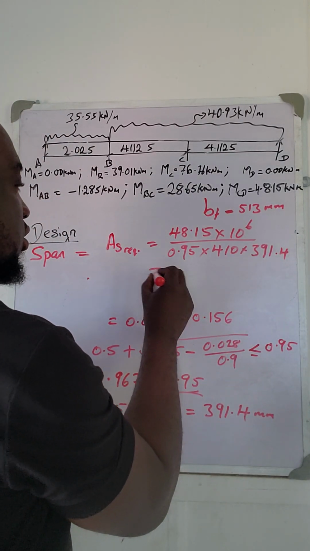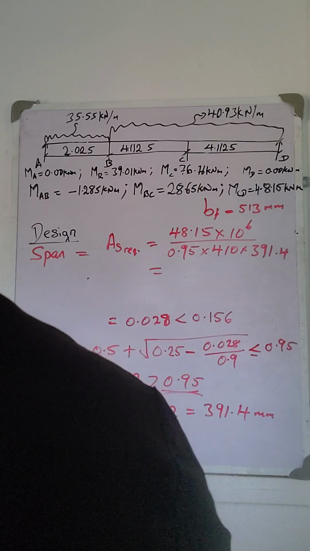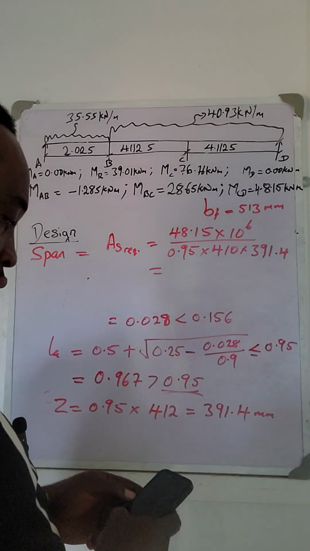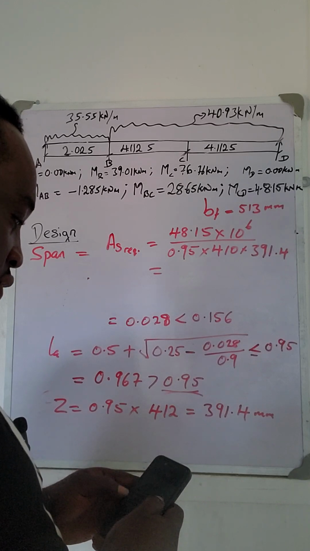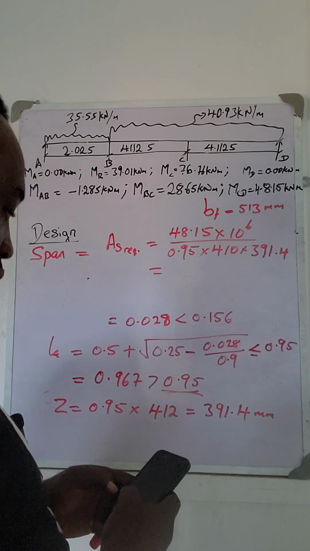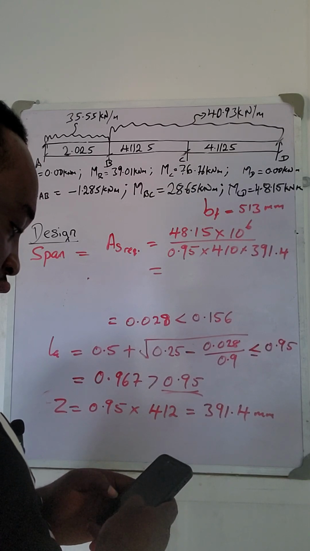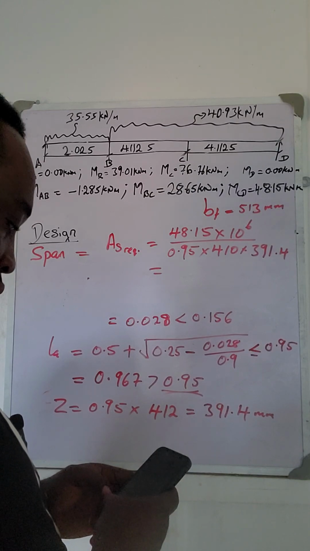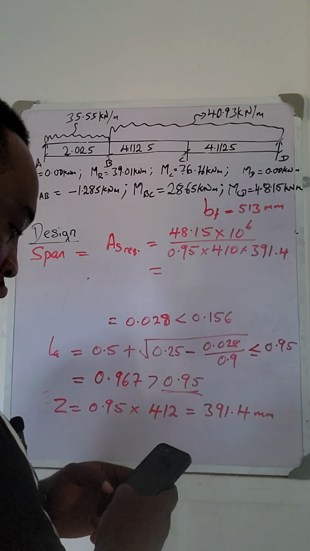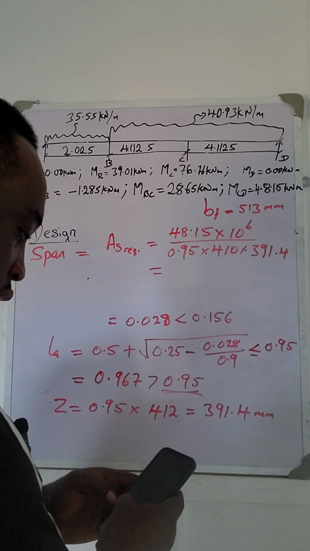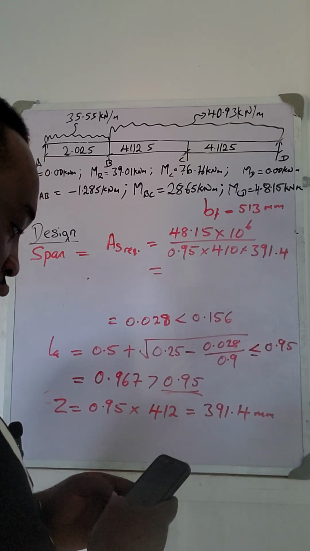When you solve, you are going to have 48.15 exponential 6 divided by 0.95 multiplied by 410 multiplied by 391.4.